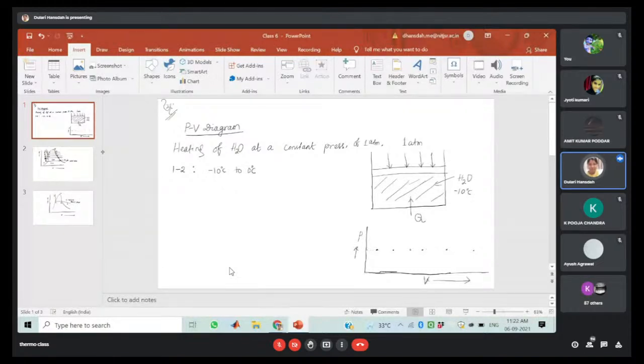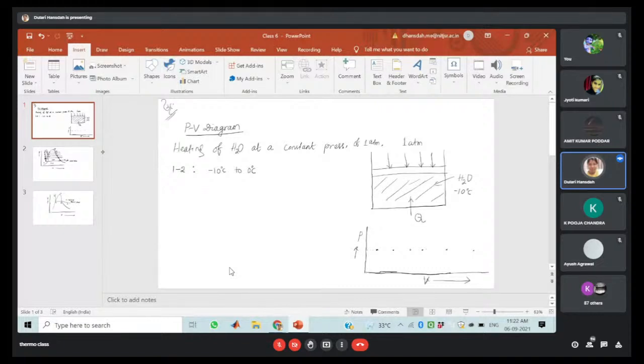In this case, a little bit of volume will increase as per thermal expansion. When we are heating the solid, some thermal expansion will happen, so that one we will consider. I will show you that later on.